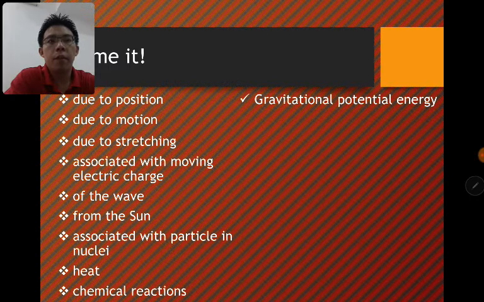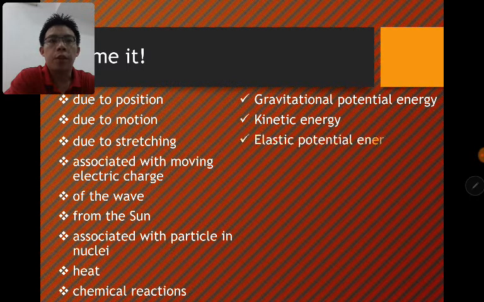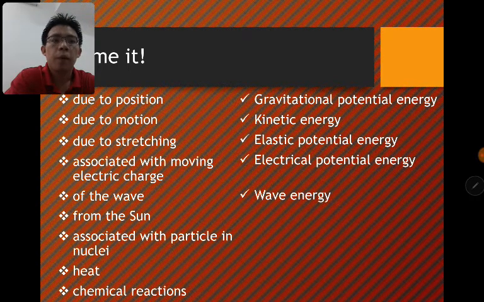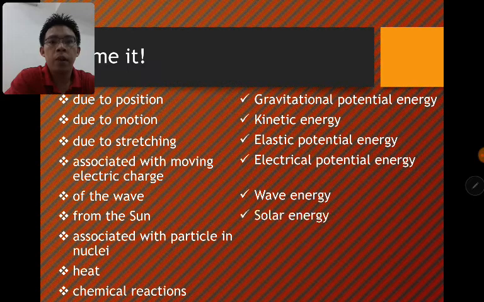Gravitational potential energy, that's the position of a mass inside the gravitational field. Kinetic energy, there's something moving. Elastic potential energy, if you stretch a spring or compress a spring, for example. As the electrons move in the electrical circuit, we have electrical potential energy to move them around. Wave energy, solar energy as mentioned earlier.